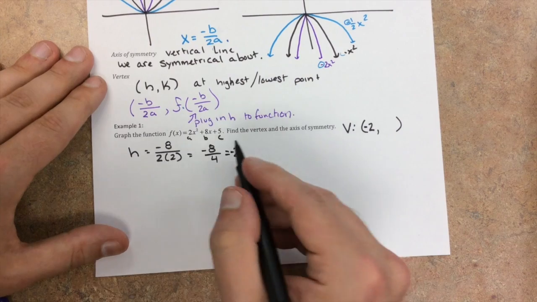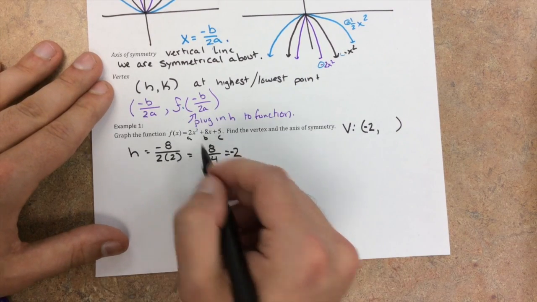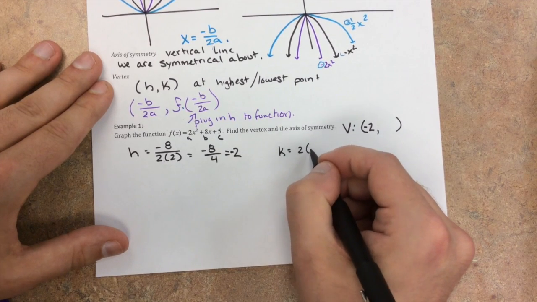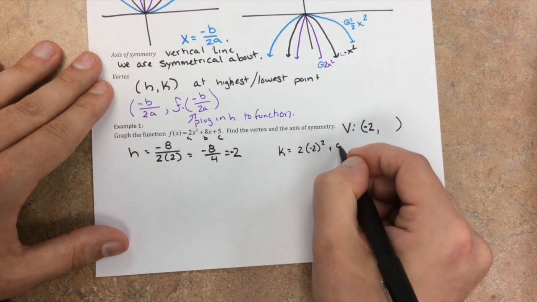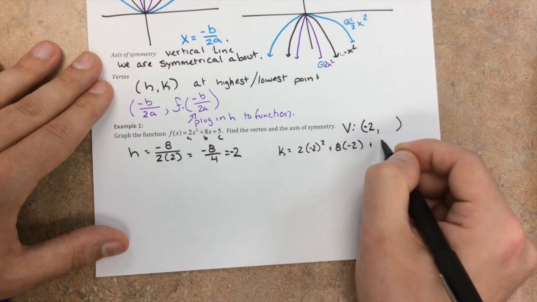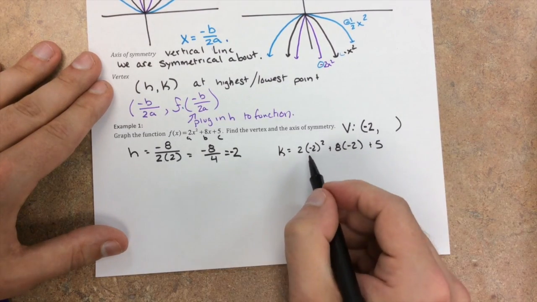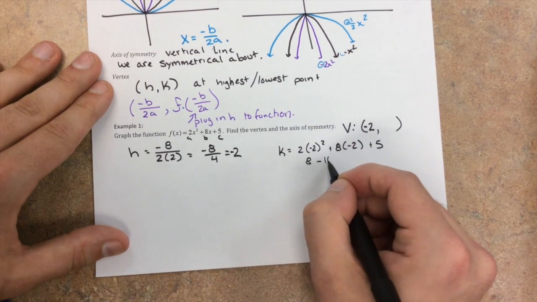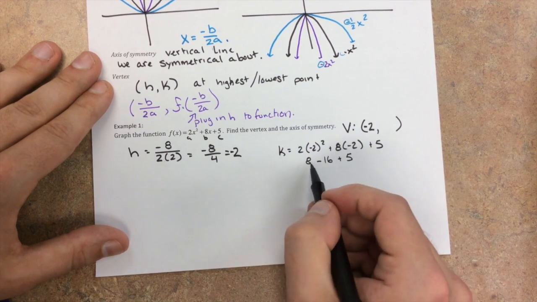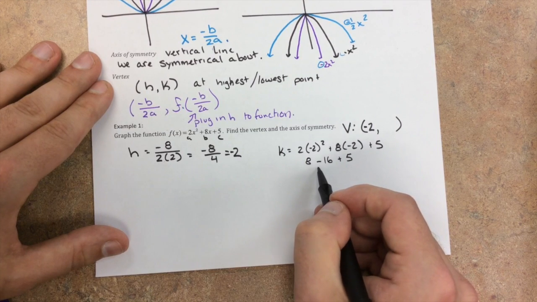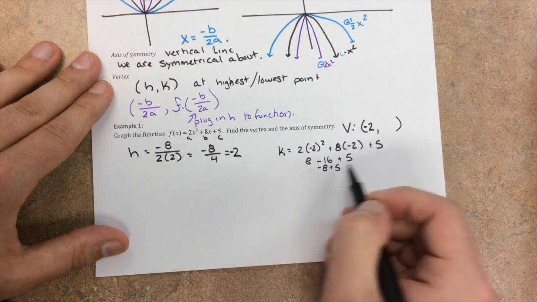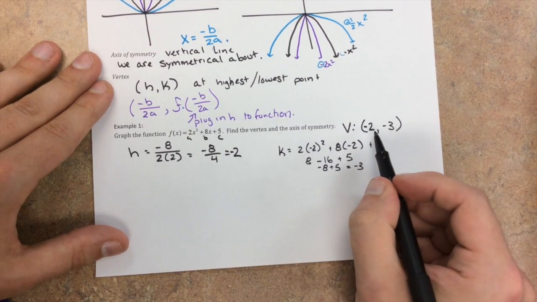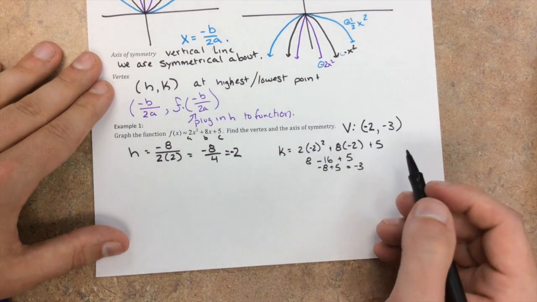So what is that something? To find k, I'm going to plug this back in. So k equals 2 times negative 2 squared plus 8 times negative 2 plus 5. So negative 2 squared is 4. That's 8 minus 16 plus 5. So 8 minus 16 is negative 8. Negative 8 plus 5 is negative 3. So my vertex is at negative 2, negative 3.